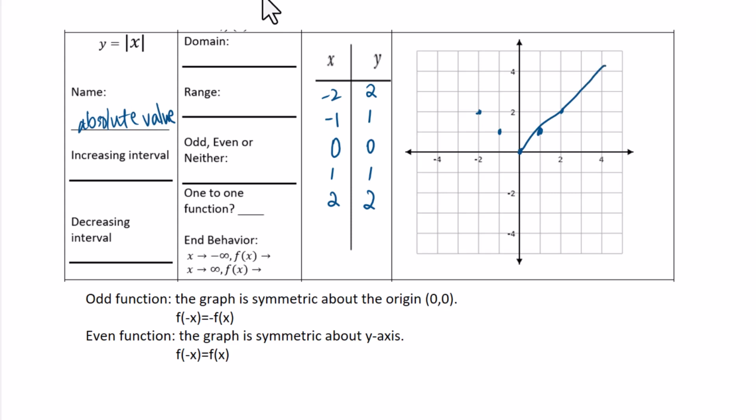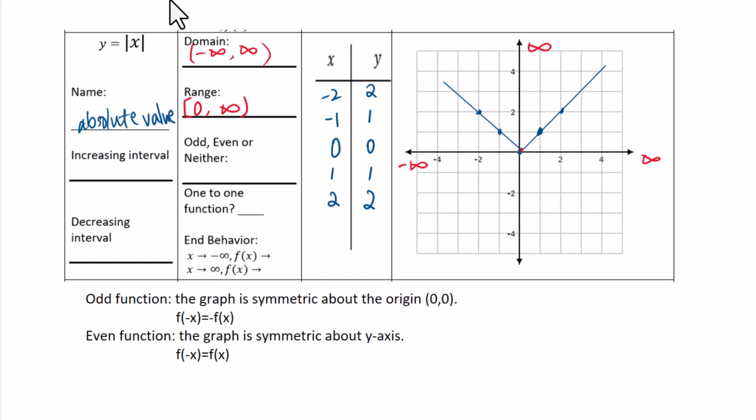Then connect the points. Domain is all real numbers. Range, no ending point at the top. We do have a bottom point, 0. So range is from 0 to positive infinity.